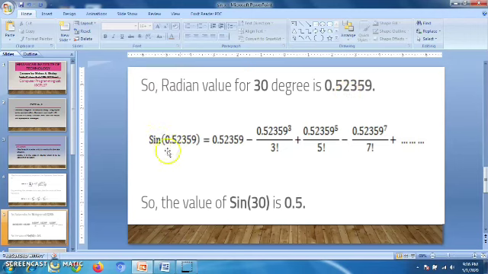Substituting this in the given equation, sine of x equals x minus x cube divided by 3 factorial plus x raised to 5 divided by 5 factorial minus x raised to 7 divided by 7 factorial plus so on.